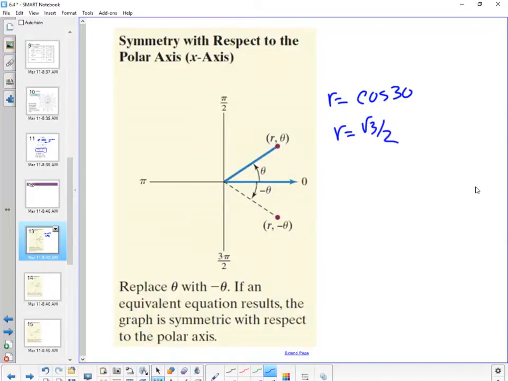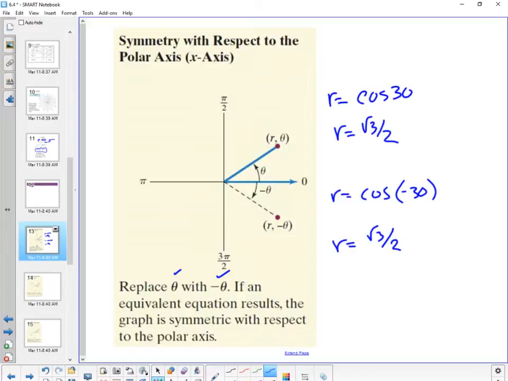Let's go r is equal to cosine, but now it's not 30, it's going to be negative 30. So I've changed my positive angle with a negative angle, correct? Can you guys tell me what the cosine at negative 30 is? It's still a positive square root of 3 over 2. Has it changed? No. Therefore, this has symmetry about the x-axis.